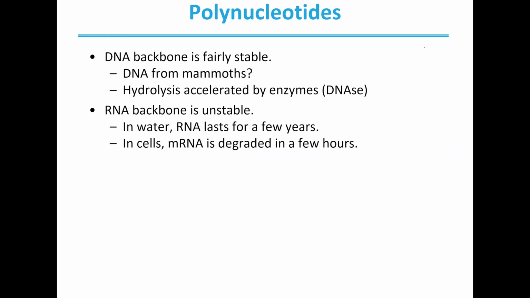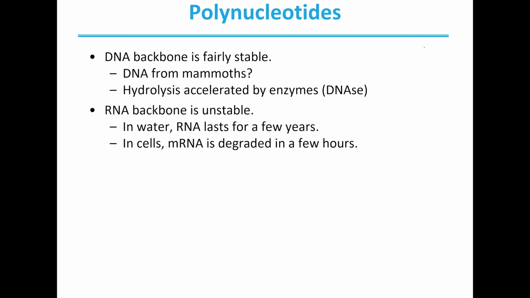Now, what are some differences between a polynucleotide in DNA and RNA? Well, one difference is their stability. The backbone of a DNA is fairly stable. It can last for a long time. For example, DNA that came from mammoths has been isolated.